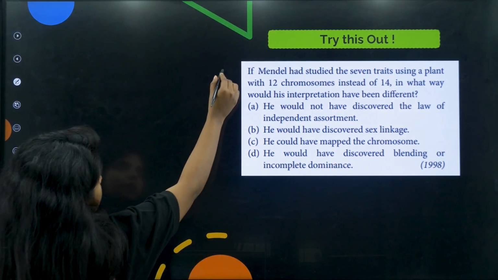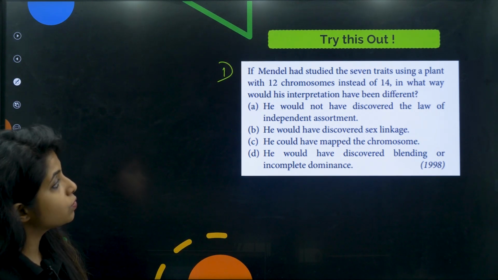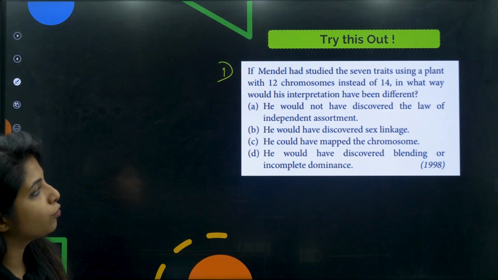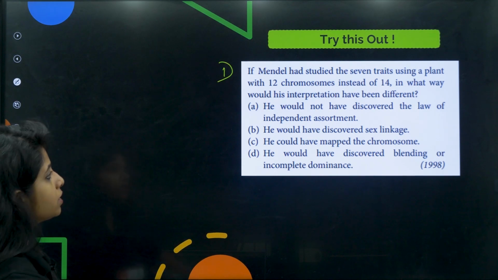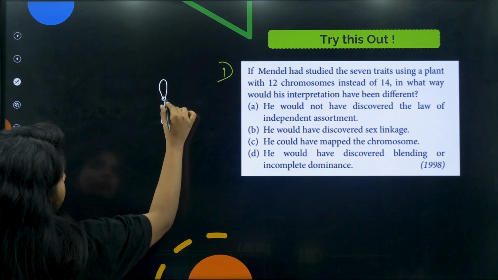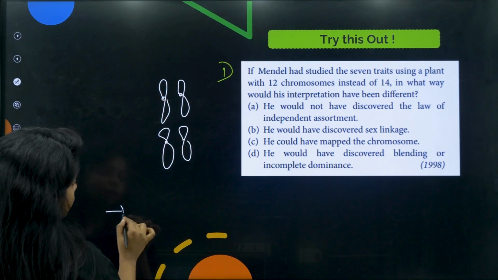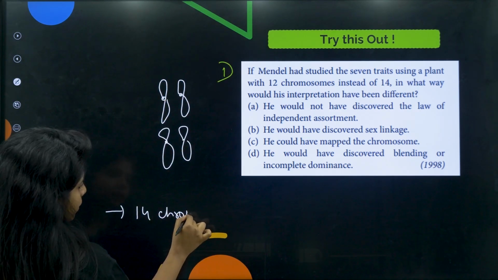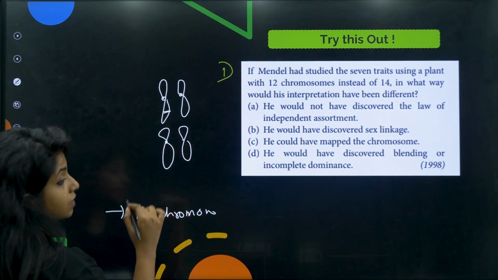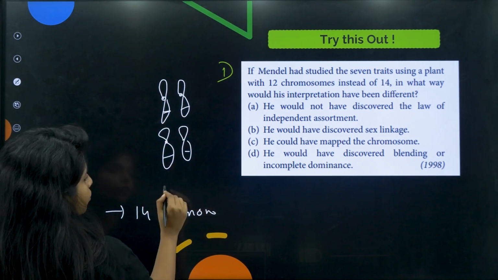Okay, we are discussing it here itself. If Mendel had studied the 7 traits using a plant with 12 chromosomes instead of 14, in what ways would his interpretation have been different? According to him, there were 14 chromosomes, children, and he was studying 7 contrasting pairs of traits, each located on different chromosomes.